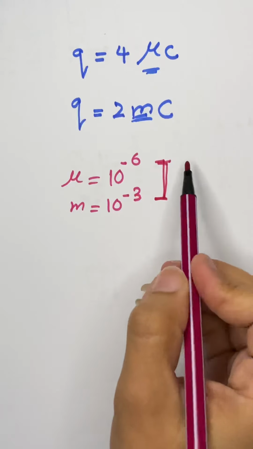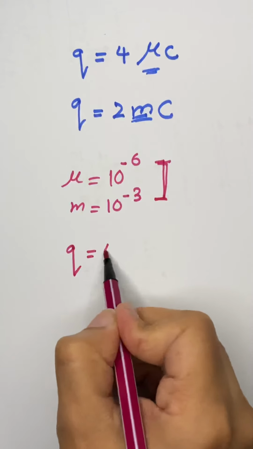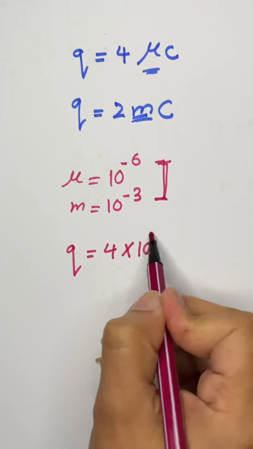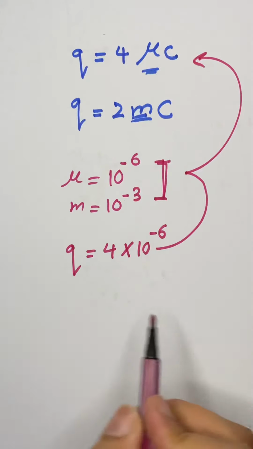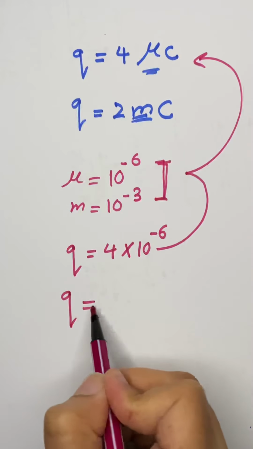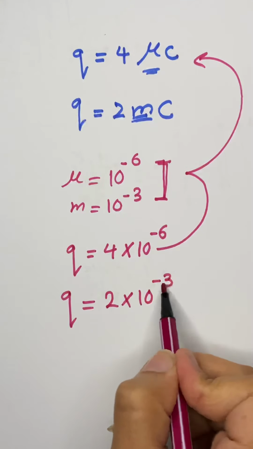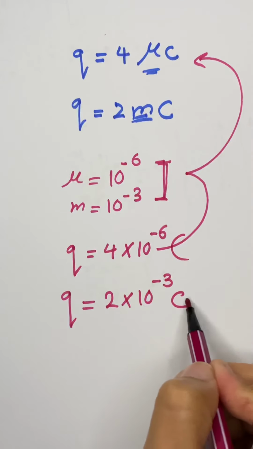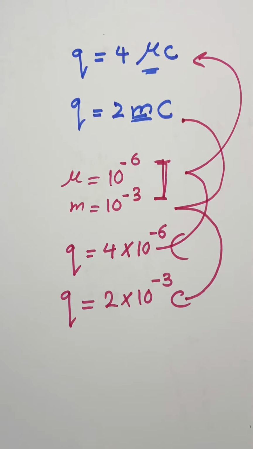You have to transfer the unit. For example, you say that Q is equal to 4 times 10 to minus 6 because you transferred it. And then you will say Q is equal to 2 times 10 to minus 3 coulomb. You transfer it from millicoulomb to coulomb.